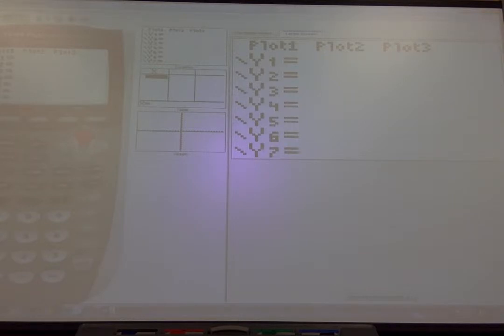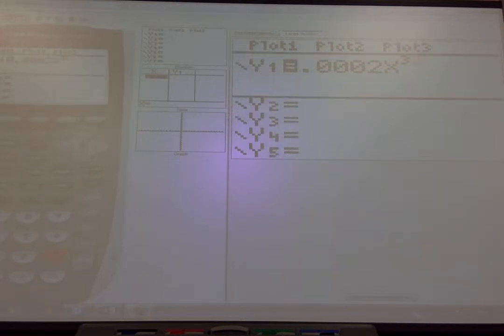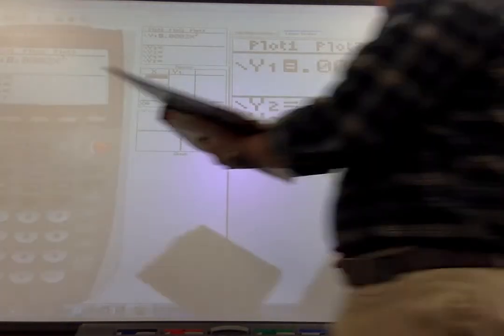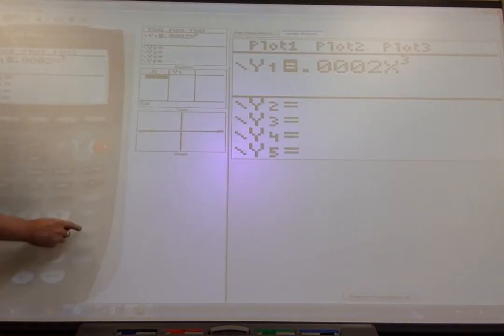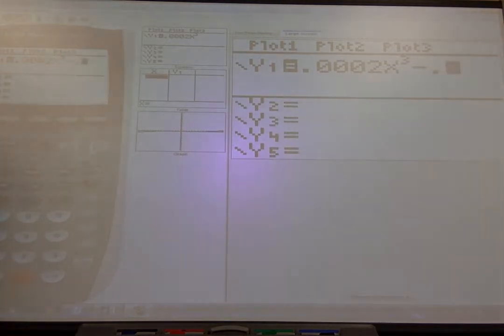Okay. Now it might let me enter. It was 0.0002x to the third. Let's see if it let me. Over here. Minus 0.06x squared plus 120x and plus 5,000.